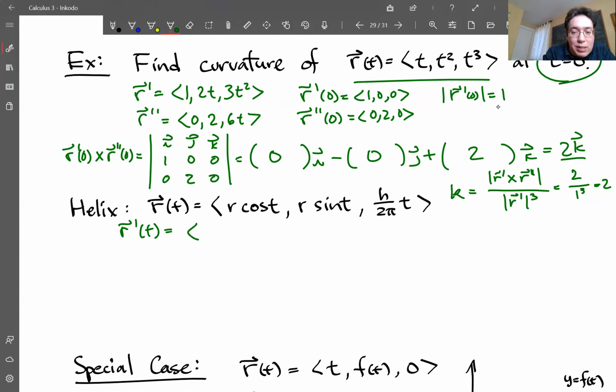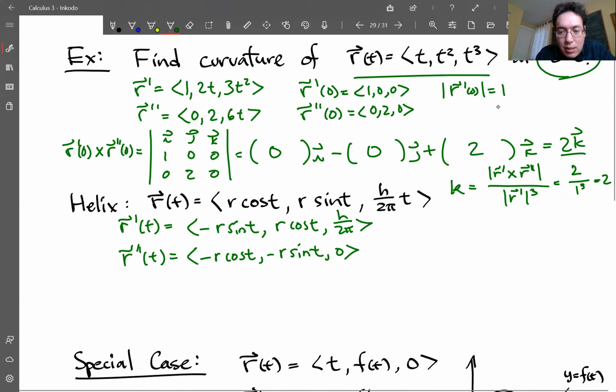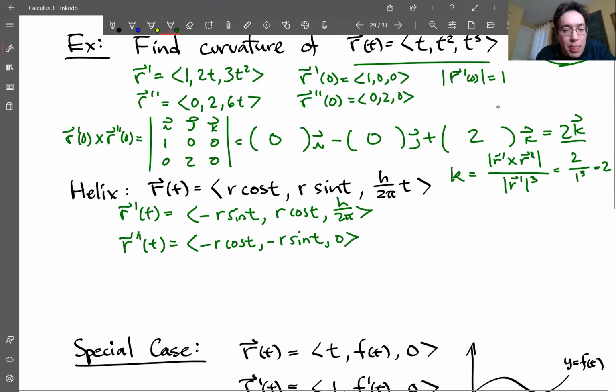The derivative is negative r sine t, r cosine t, h over 2 pi. R double prime is negative r cosine t, negative r sine t, and 0, because that's a fixed constant with respect to t.